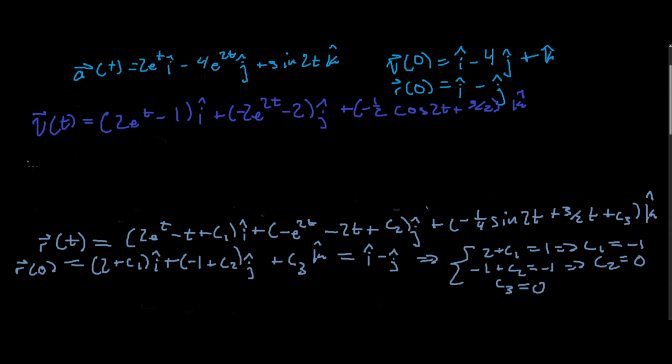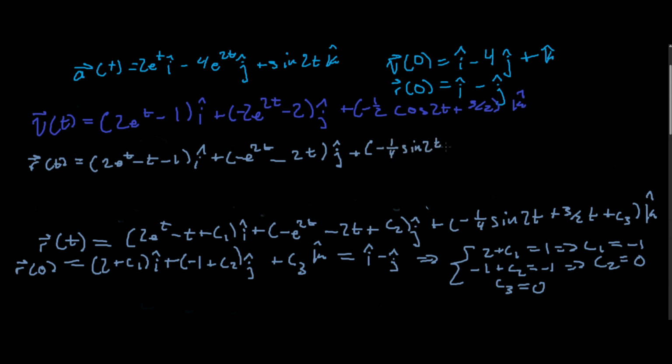If those are plugged back into the position function, we get that r of t equals 2 times e to the t minus t minus 1 in the i direction, plus negative e to the 2t minus 2t and no other constant in the j direction, plus negative 1/4 sine of 2t plus 3/2 times t with no constant in the k direction.